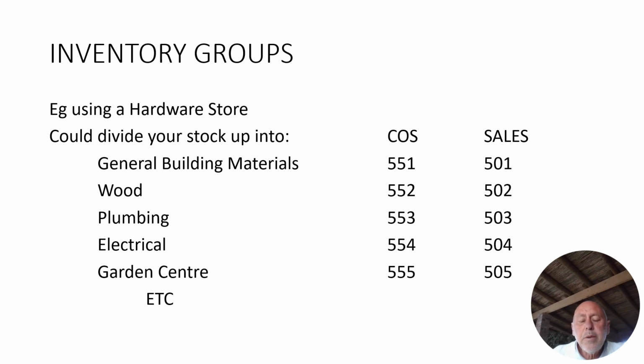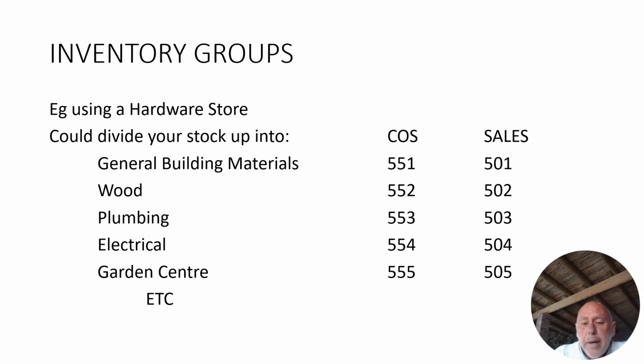You might have slightly different names for these concepts in your accounting system. But the accounting programs that I know have what they call inventory groups that link to different general ledger accounts.